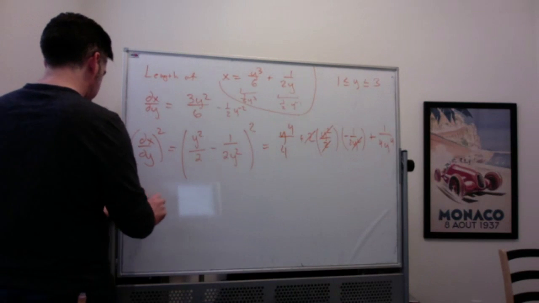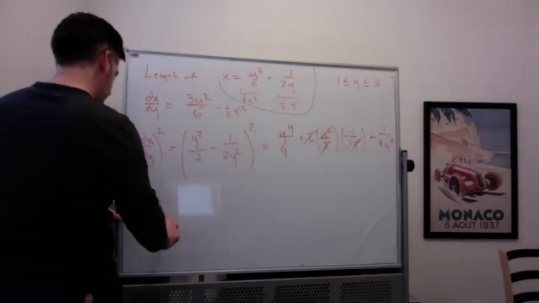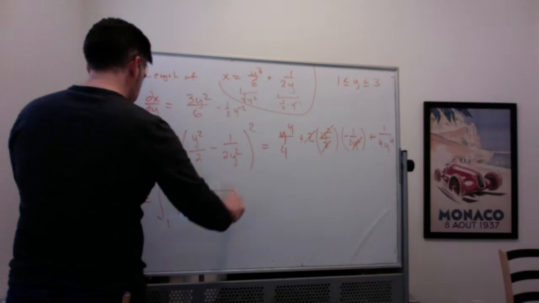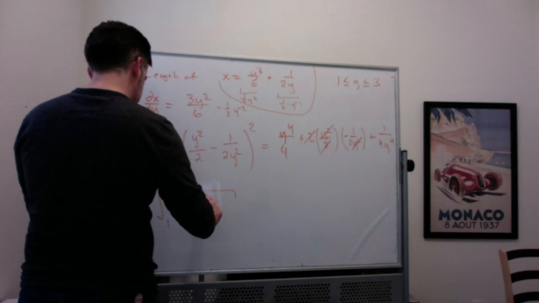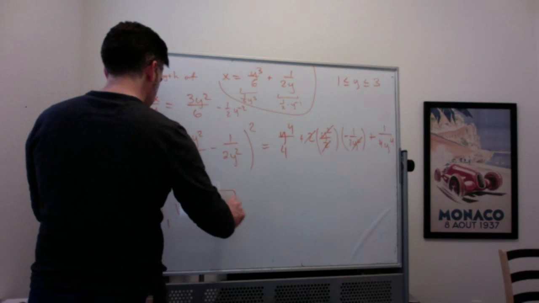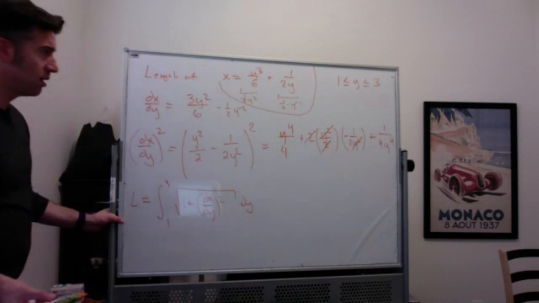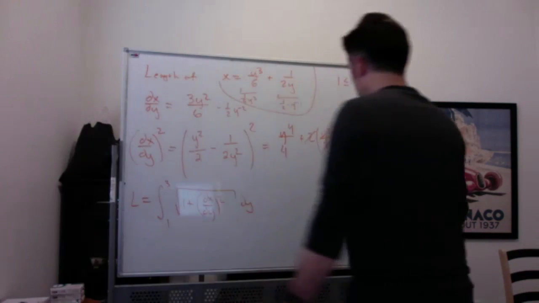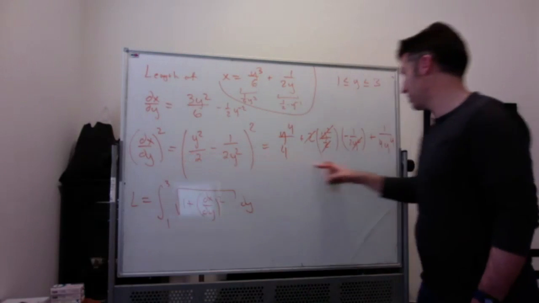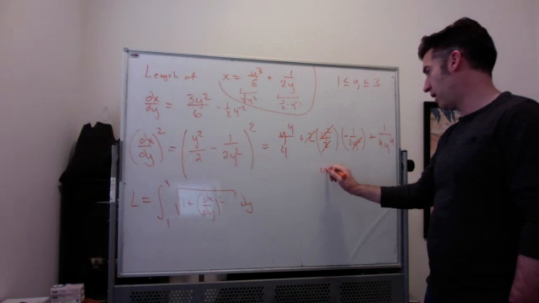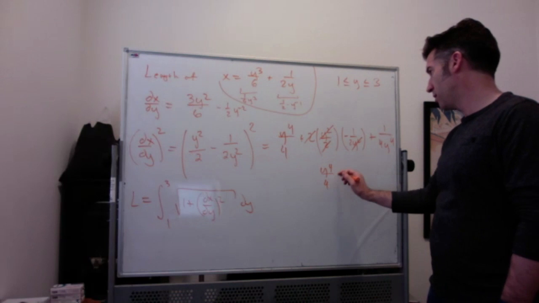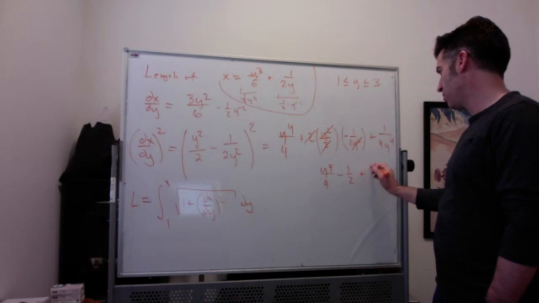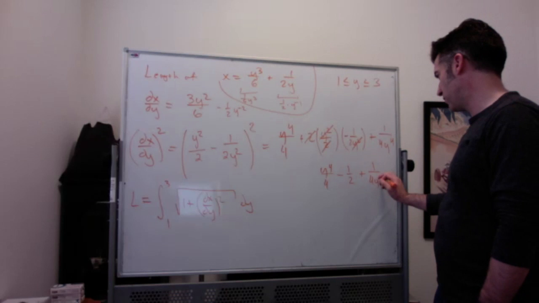The arc length is going to be the integral from 1 to 3 of the square root of 1 plus dx/dy quantity squared dy. And we know that dx/dy squared is y to the 4th over 4 minus 1/2 plus 1 over 4y to the 4th.